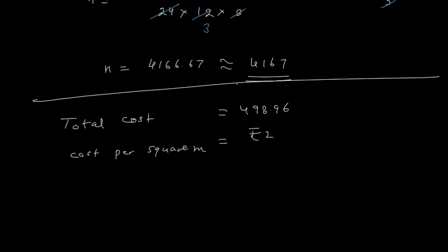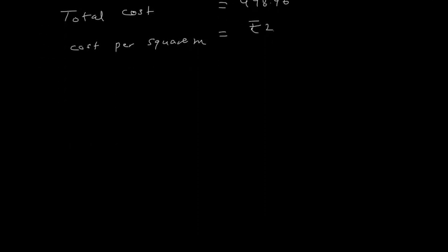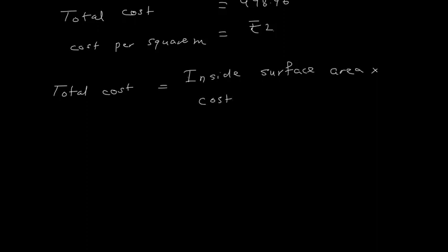Now total cost is total area multiplied by cost per square meter. So total cost, we know that total cost is equals to inside surface area, because inside we are doing whitewashing, multiplied by cost per square meter.